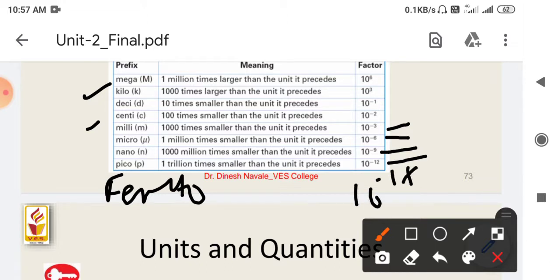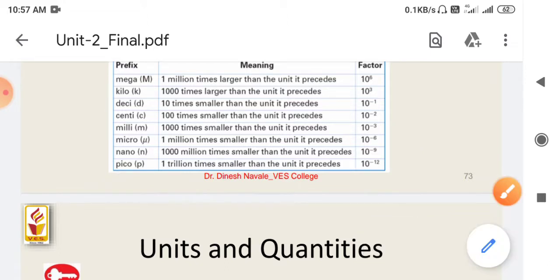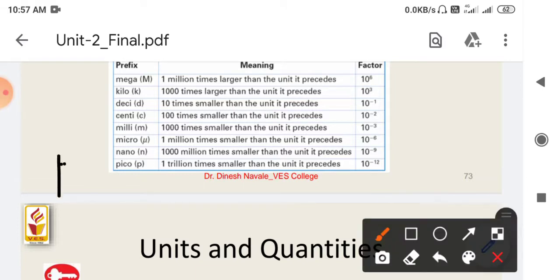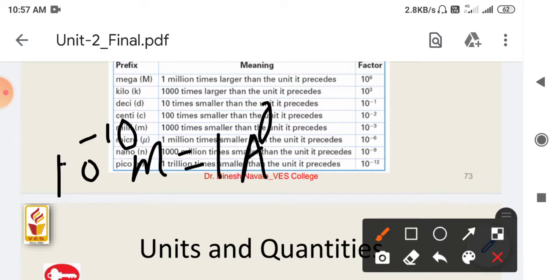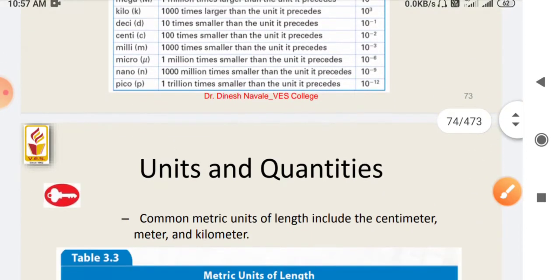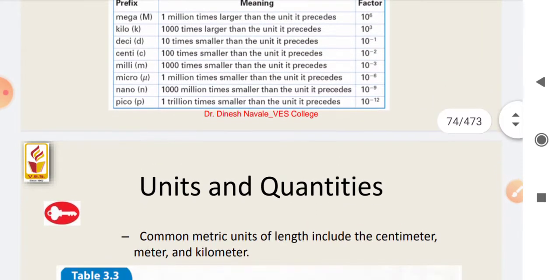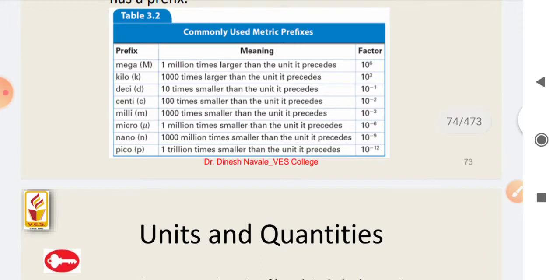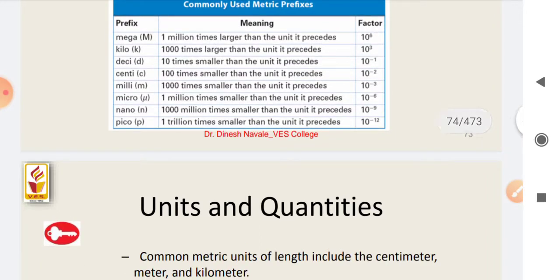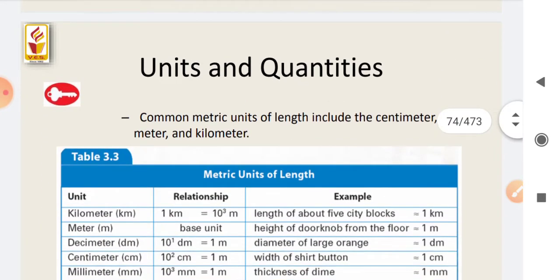One common unit that we come across is the angstrom unit, which is 10 raised to minus 10 meter. So these are the commonly used prefixes for the meter.